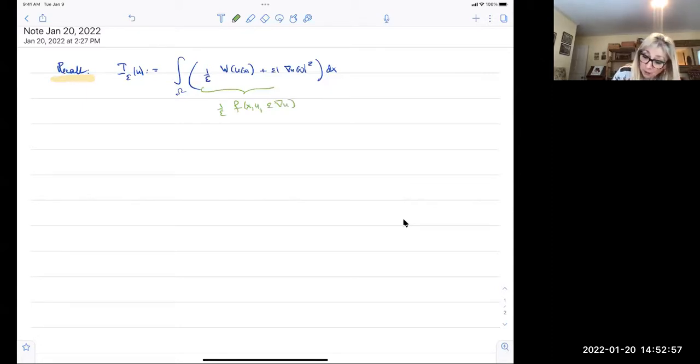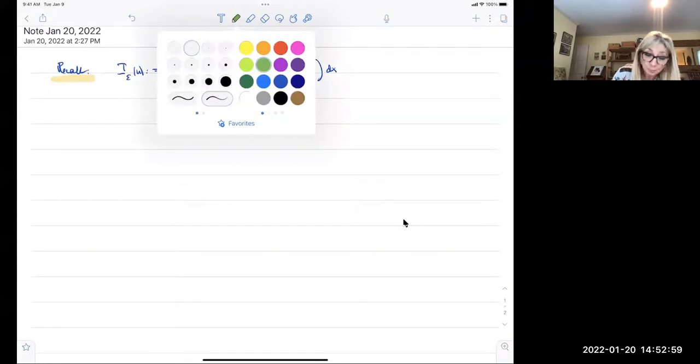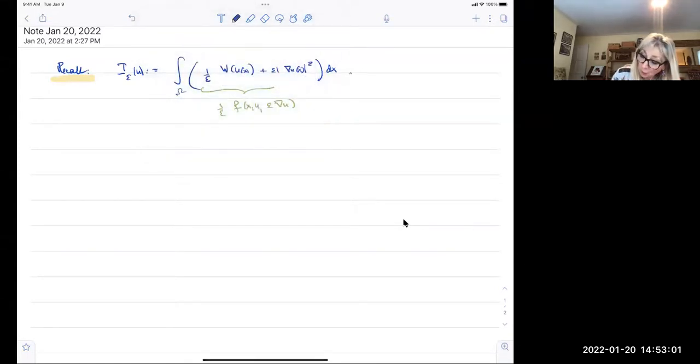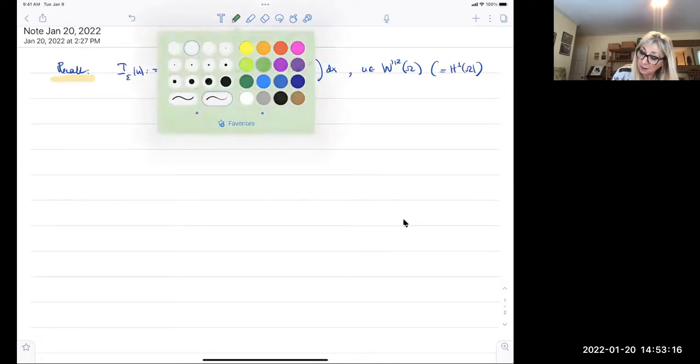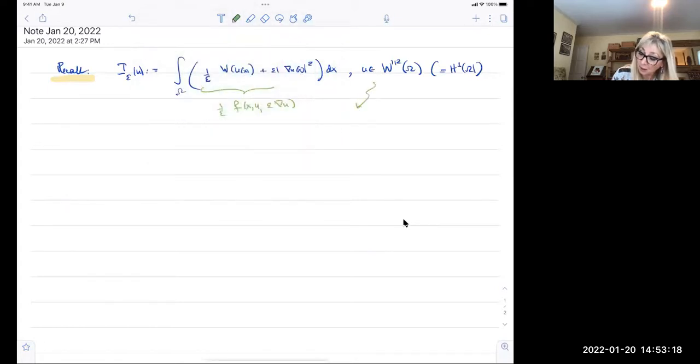Okay, and so this is for u in W^{1,2} of omega, which sometimes you also write as H^1 of omega. It's a Sobolev space. And again, you recall what that means. This means two things. On one hand, u is in L2 of omega, so if you wish, the integral of u squared dx is finite.